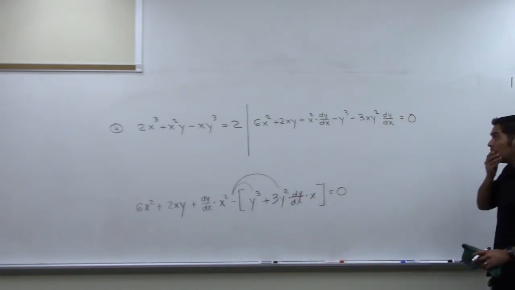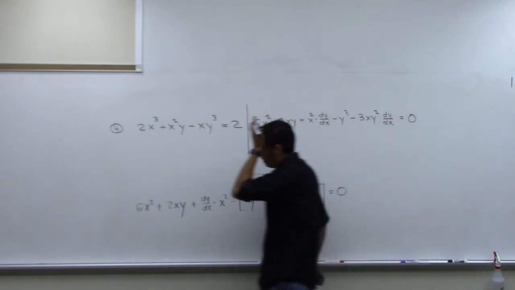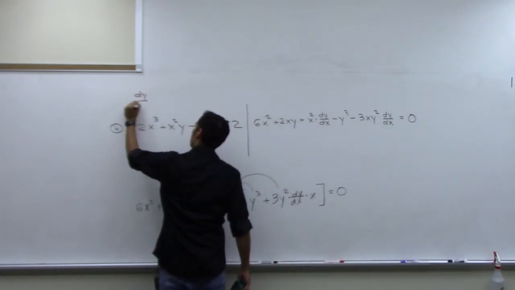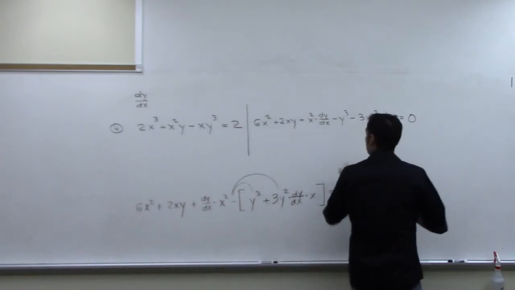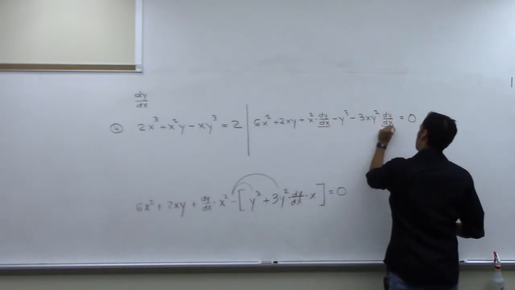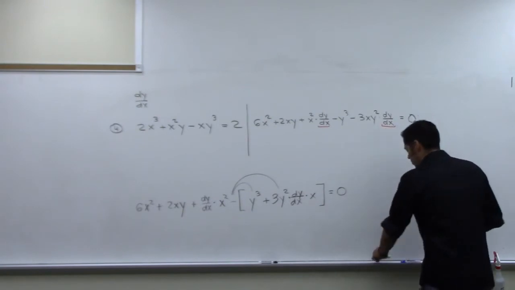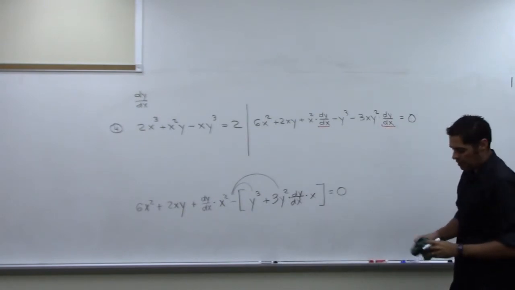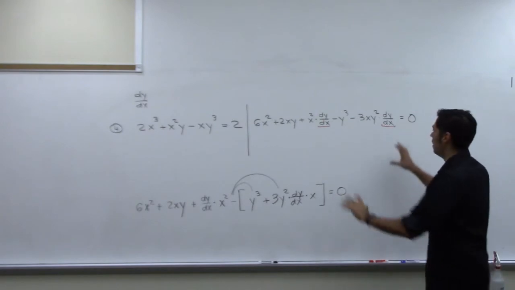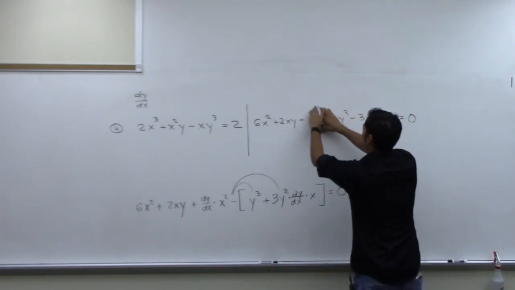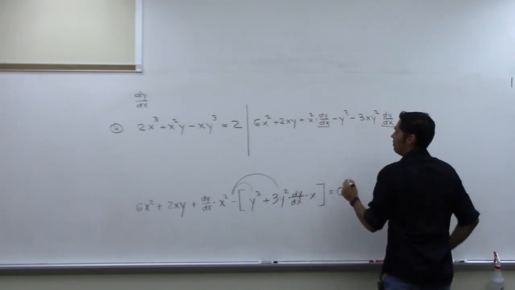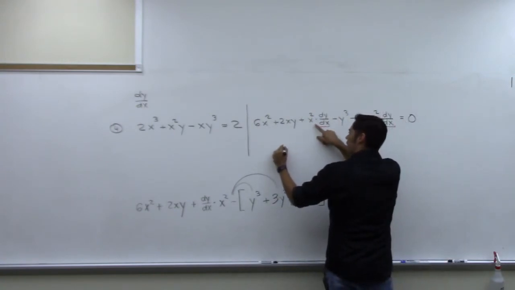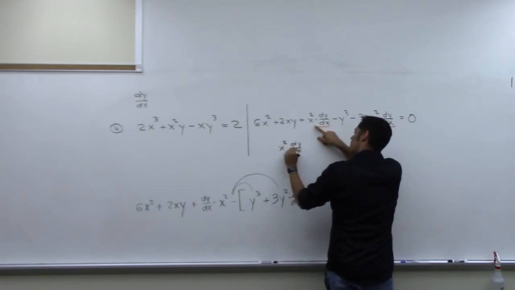All right, the goal, remember, was to find dy/dx. We need to find out what it is. And right now, dy/dx appears here and here. So what we'll do is we'll first isolate the dy/dx on one side of the equation. So anything that has dy/dx in it, this term and this term are going to stay on this side, and everything else is going to go to the other side. So I'm going to have the entire thing, x squared dy/dx, it's multiplication.